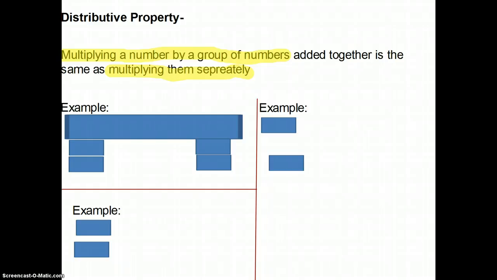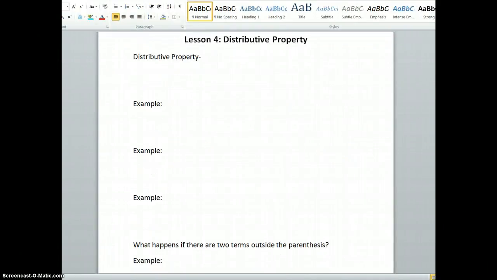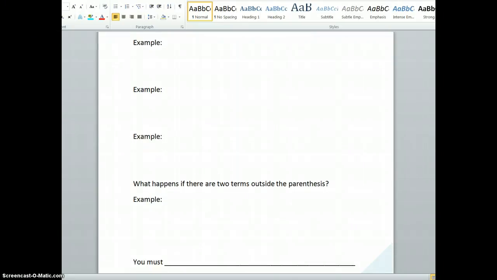So, highlight that. I'm going to show you what this means in 3 examples. Now, in your worksheet, there are just blanks for those examples, as you can see.